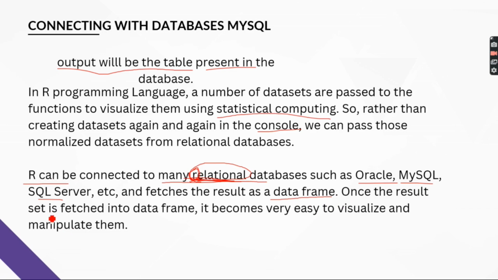And once the result set is fetched into the data frame, it becomes very easy to visualize and manipulate, as we have just learned how to manipulate using select, filter, summarize and other functions, and how we can visualize using ggplot too.